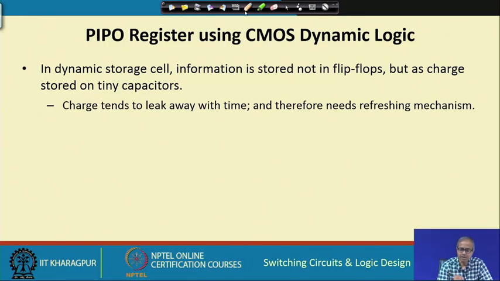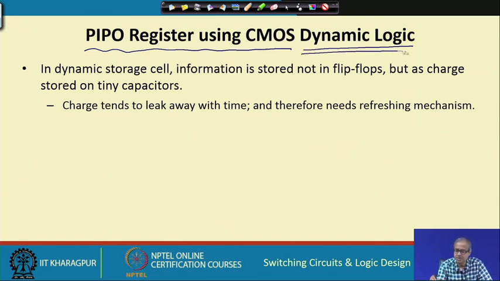Now, what we are talking about here is how we can implement a PIPO register using CMOS by using something called dynamic logic. So, what is the idea behind dynamic logic? Well, you all must have heard about the dynamic memories in computer systems. The memory that comes with computer systems is almost universally dynamic in nature.